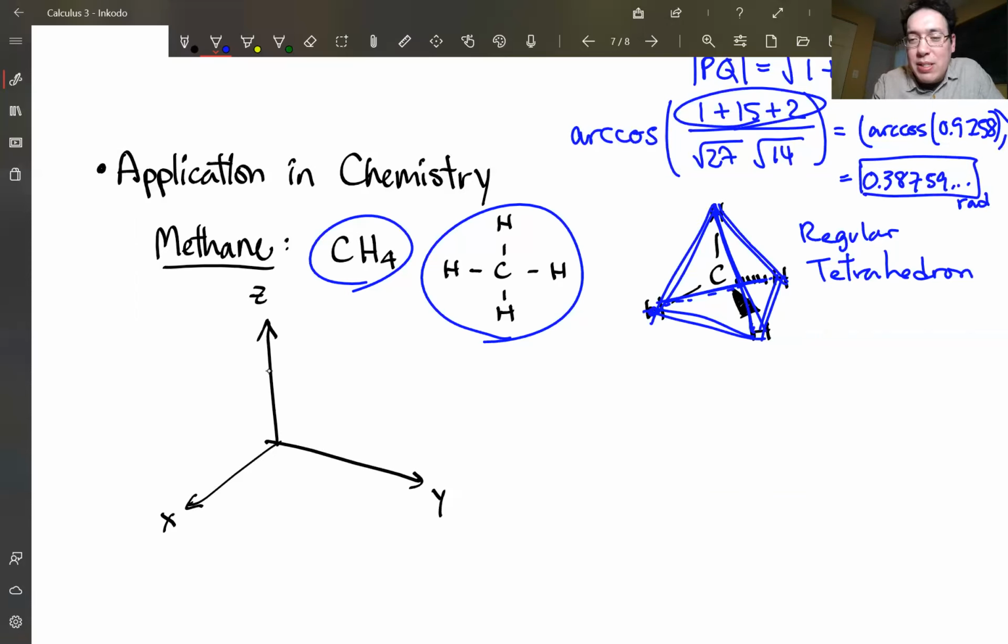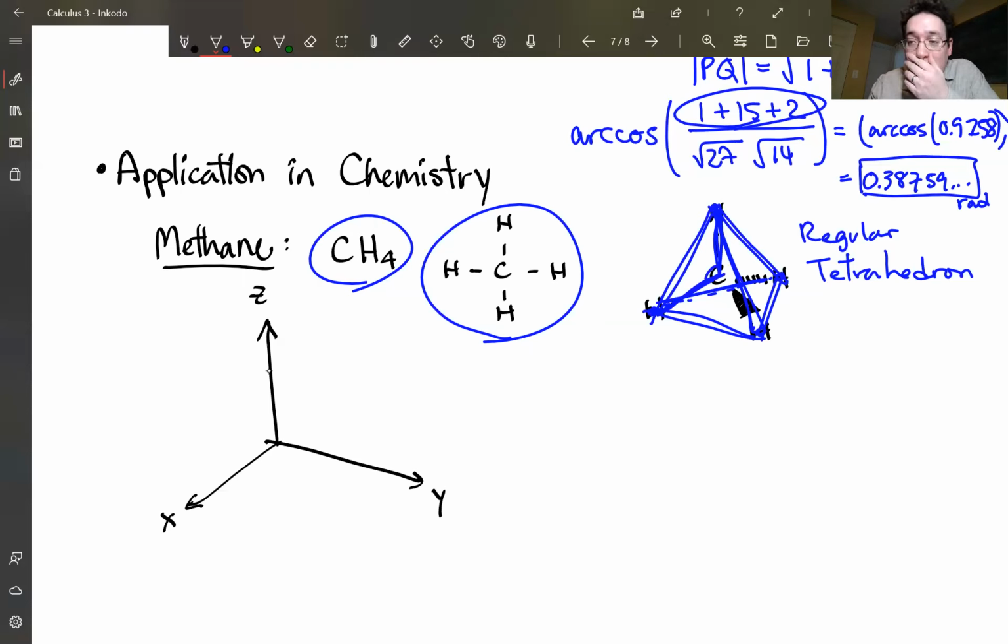And these vertices are the locations of the 4 hydrogen atoms. What you might wonder is, what is the angle made by 2 hydrogen bonds on a methane molecule? We can 3D print it and measure it with a protractor, or we could do some geometry using vectors.